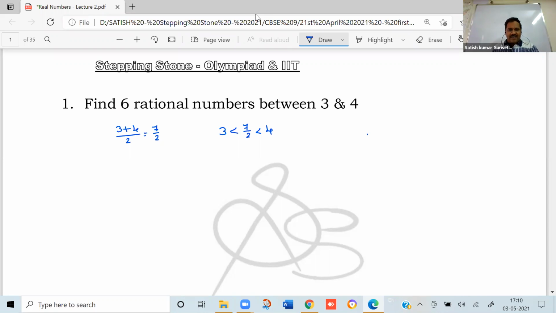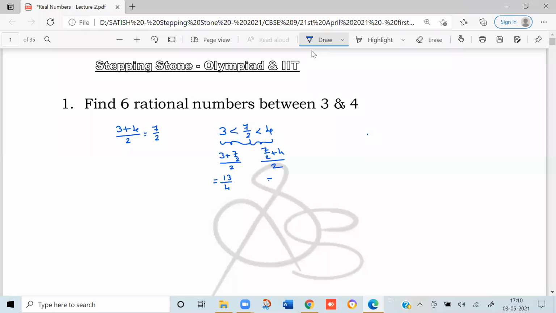That means again you can take the average of these two. One more you will get, that is 3 plus 7 by 2 again divided by 2, and again 7 by 2 plus 4 upon 2. Simplify this and tell me what you'll get. 6 plus 7, 13 by 4, and this is 7 plus 8, 15 by 4.